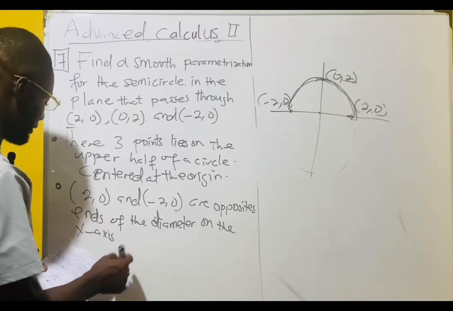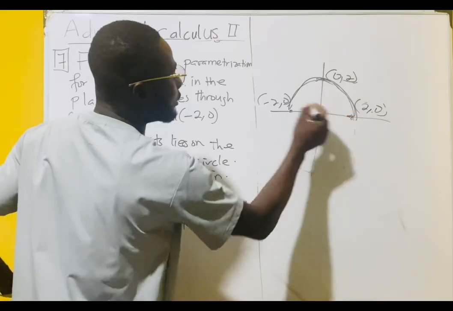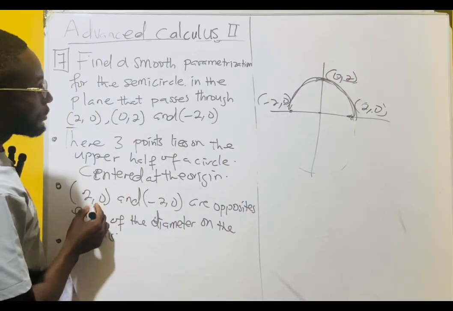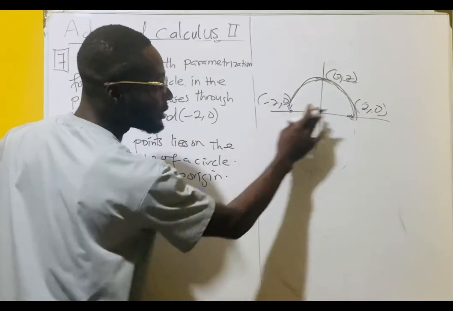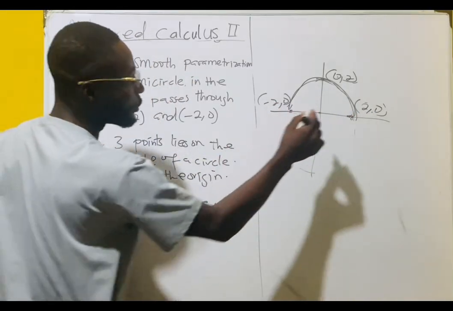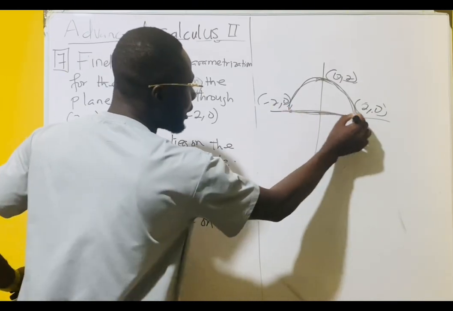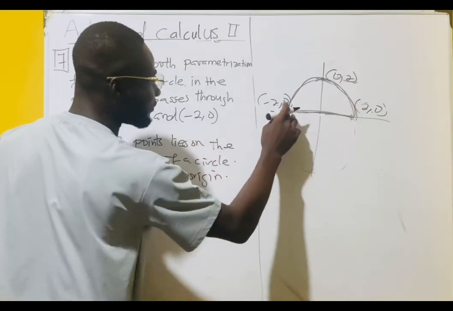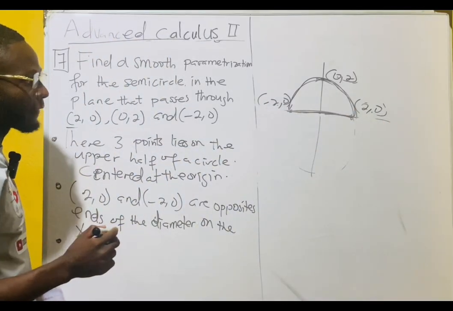So this is our diameter, and this point and this point are on the opposite ends of the diameter. We can see that from there.